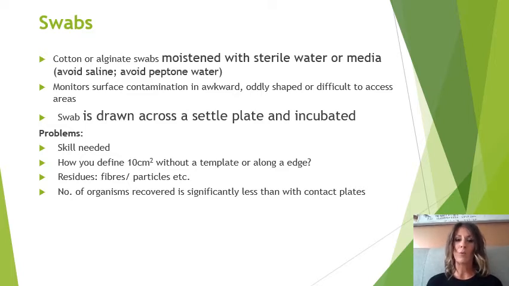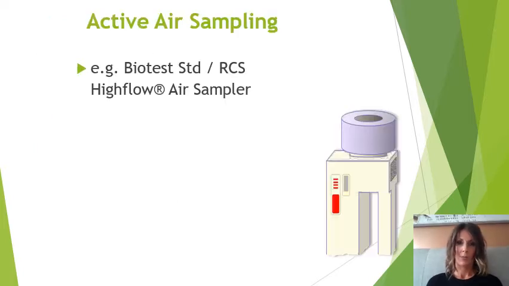It's very difficult because a swab should cover 10 centimeters squared, which is considered the equivalent of a contact plate sample. However, without a template, or if you're going along an edge or a crevice, it's very difficult to quantify 10 centimeters squared in practice. And as I mentioned, the number of organisms recovered by the swab method is significantly less than with contact plates. So swabs are encouraged, but they are not my favourite.